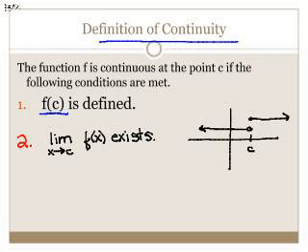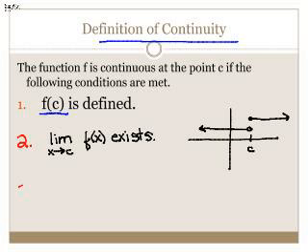It is defined at c, so it meets the first condition. At c, it's whatever this value is up here. So it is defined, but we go down to the second condition and we see that the limit does not exist. As we come in from the right on c, it's one value, and as we come in from the left, it's another value. So here would be an example of discontinuity. It breaks the second condition.